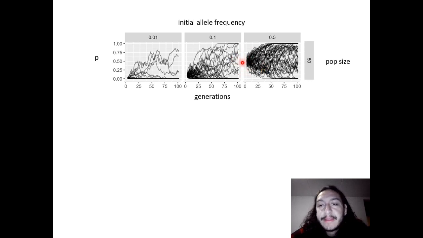And here, at 0.5, you have an almost random behavior where the allele might go to fixation or might go extinct in the population, without any forces other than population size.